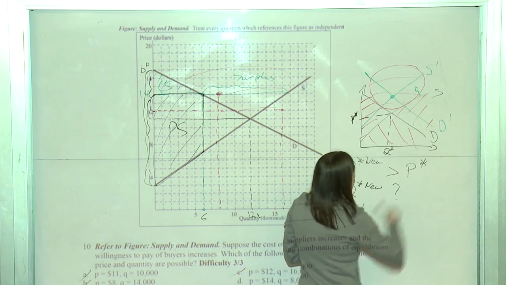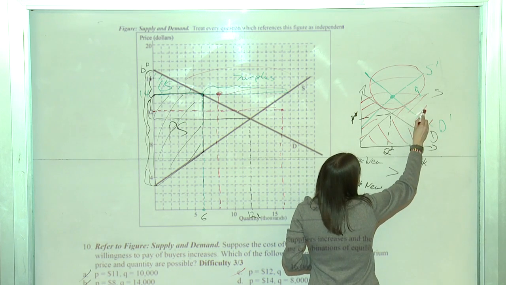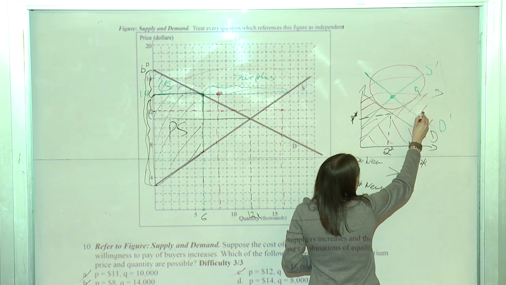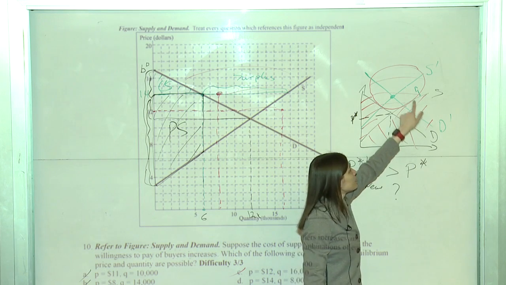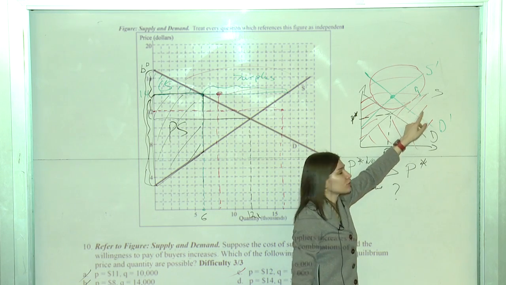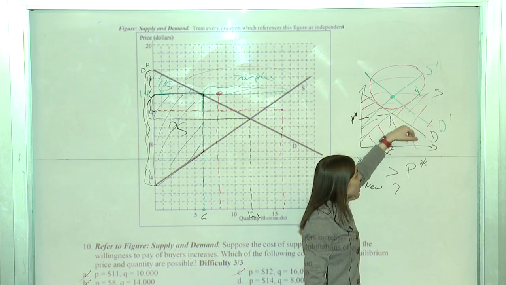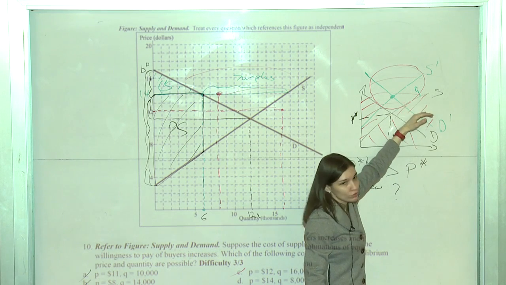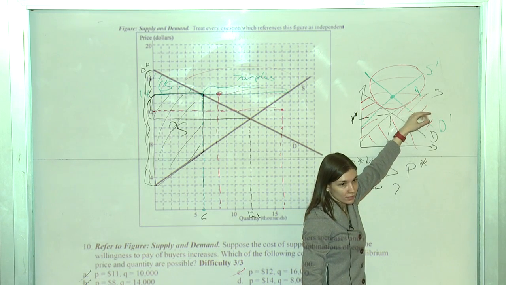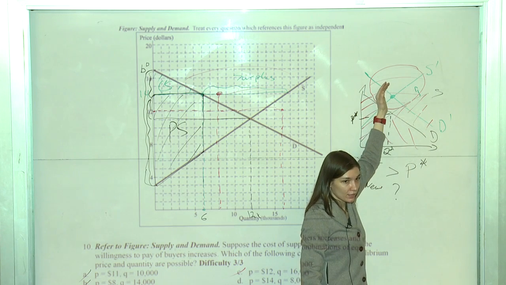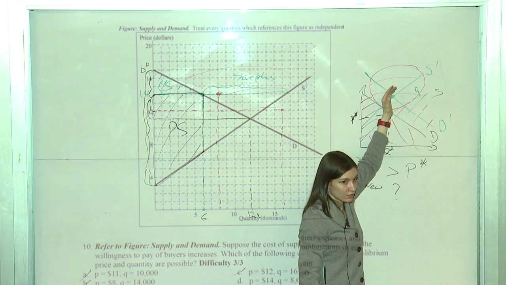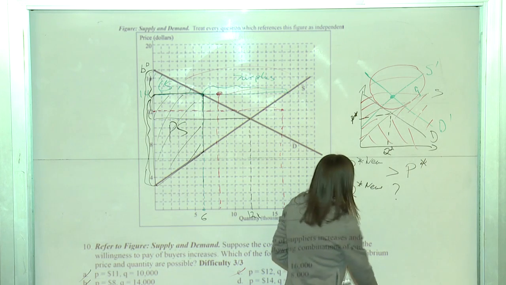So if you want to end up here, supply needs to decrease and demand needs to increase. To end up there, demand needs to move to the left, supply needs to move to the right. We cannot end up here because we know the supply is shifting the other direction. You see what I'm saying? Let me try again.